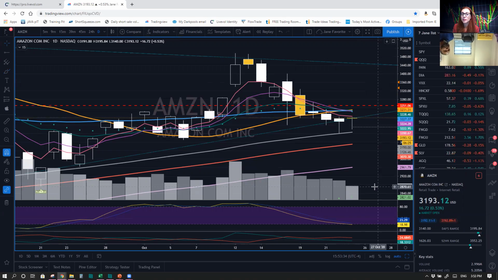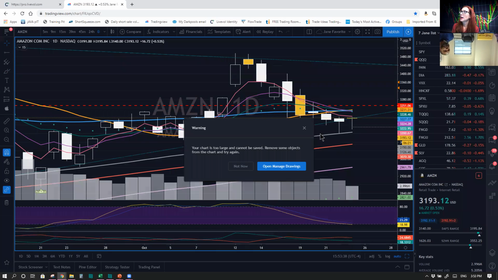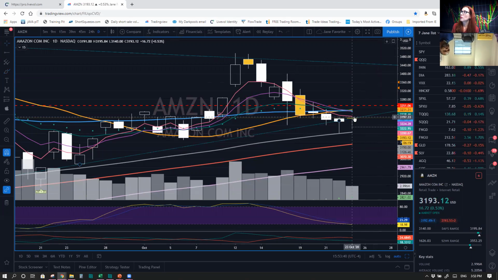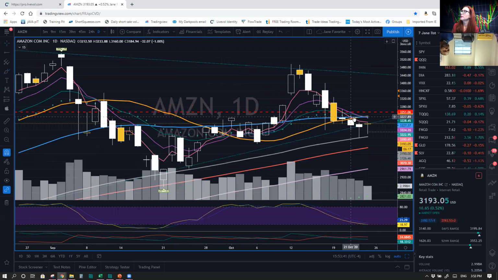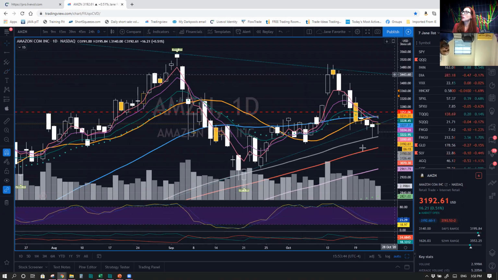I say at the bottom because right now our price action is up above it. And we have earnings coming up. We're in a wedge as well. And there's a good chance that we could be breaking out of this wedge next week and seeing new highs on Amazon. No guarantee, but for now, we're seeing prints at the bottom.